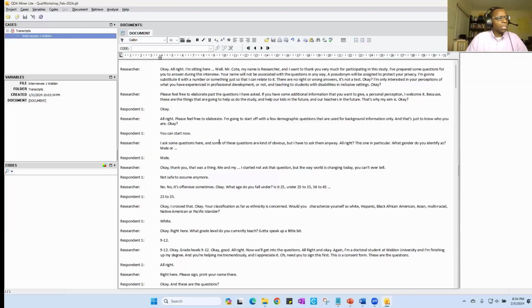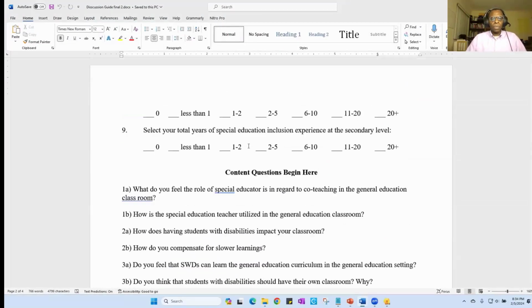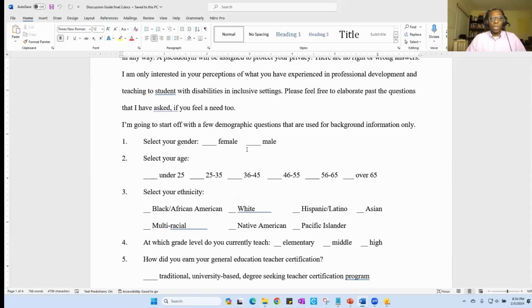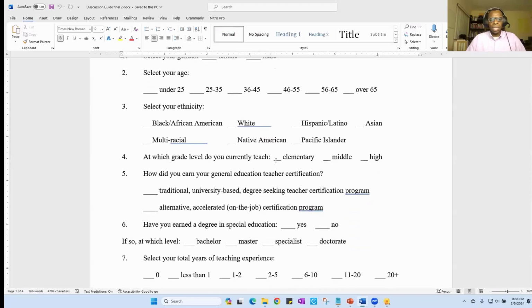So if we look in the discussion guide transcript, there were some demographic questions, right? Gender, age, ethnicity, and all of that.